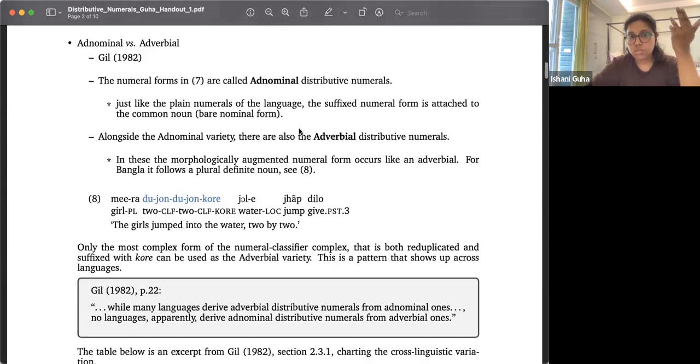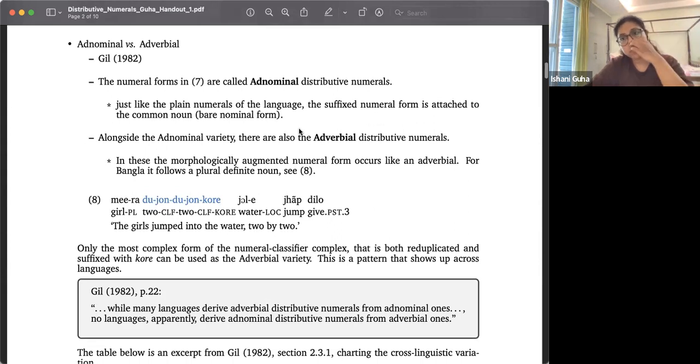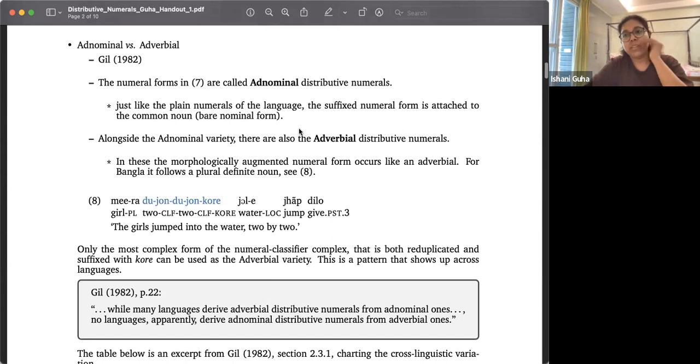So what you cannot say is mera dujon dujon jole jhap dilo, it is not great. Neither is mera dujon kore jole jhap dilo, right? So the appropriate form, the perfect form, is the dujon dujon kore, the adverbial numeral form.